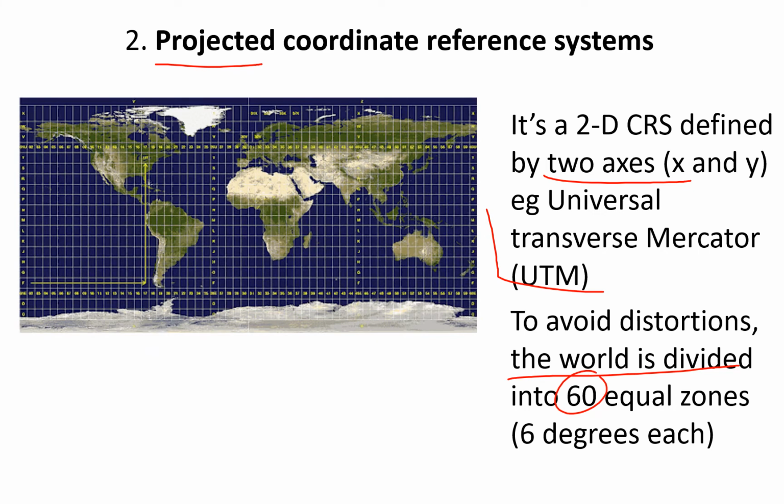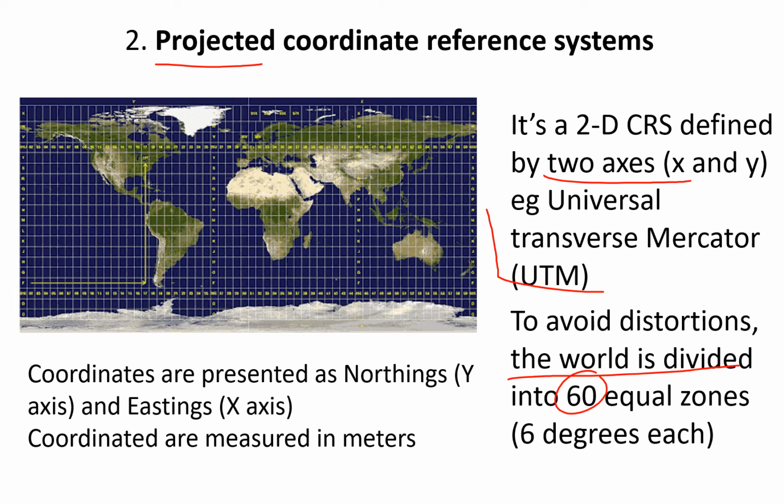Here we are saying that the coordinates are presented as northings and eastings, and the coordinates are measured in meters. So the UTM measures the coordinates in meters, whereas the WGS 84 uses the degrees.